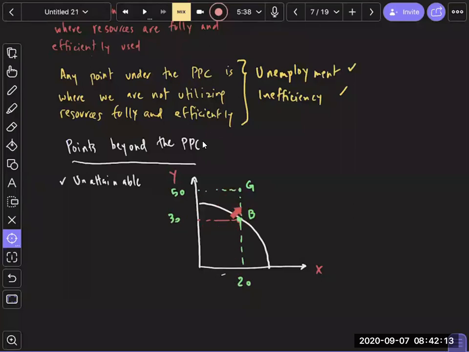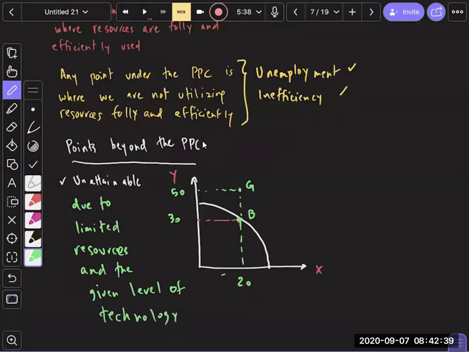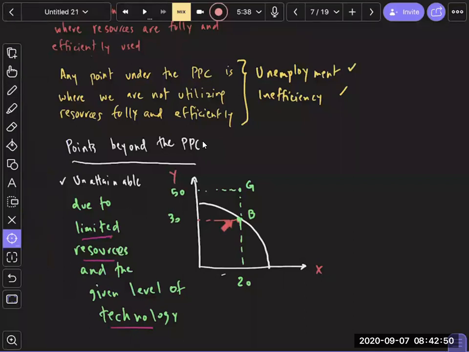And the reason why I can't get 50 is because this point is currently unattainable due to our limited resources and the given level of technology. So guys, if tomorrow technology improves, or if tomorrow the resources that are limited are no longer limited, you may go beyond your curve, you may go to point G, okay?